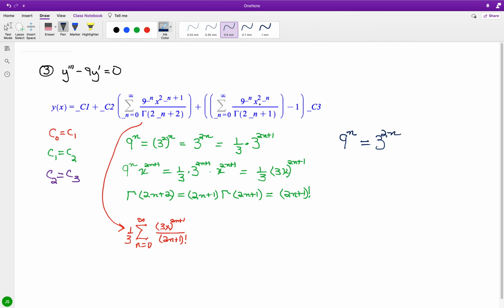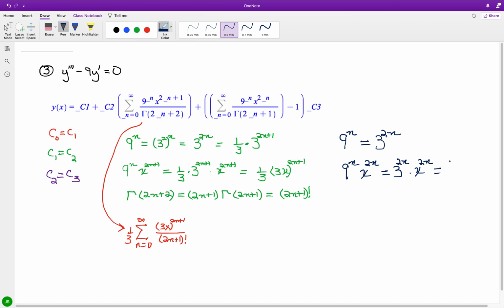And notice this time we had the base x in this summation raised to the 2n degree. So if I take 9 to the n times x to the 2n, we have 3 to the 2n times x to the 2n. And if I put together, we have 3x raised to the 2n.